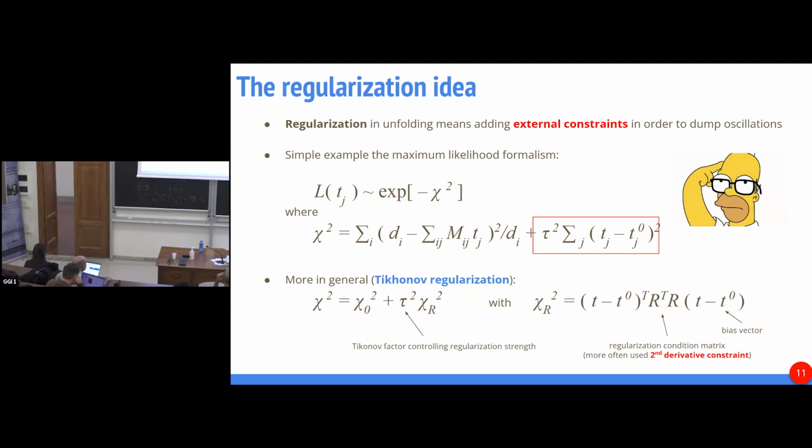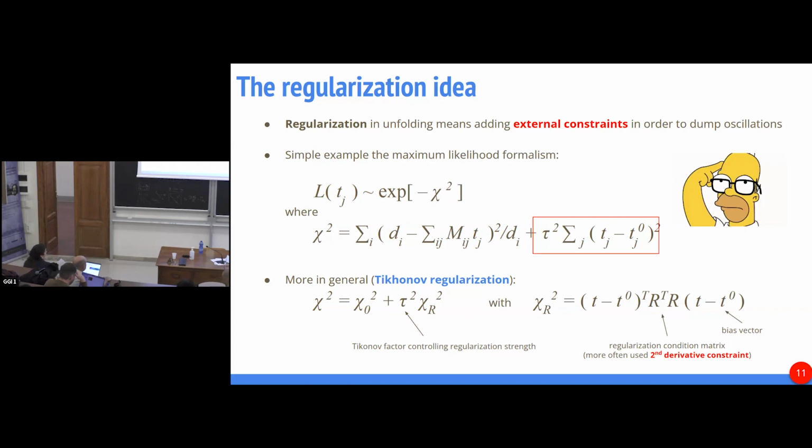So we insert some bias, and in this simple case, the bias is just some previous, let's say, the starting values of the beams, so of the parameters, and this tau is controlling the strength of the regularization.